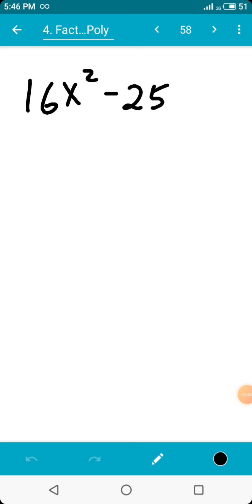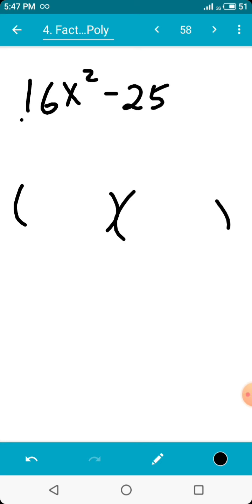Okay, so ito, meron tayong 16x squared minus 25. So, kung mapapansin nyo, yung bawat term natin ay perfect squares. So, yung square root, kukunin natin sa bawat term. Okay? So, yung square root ng 16 ay 4. So, gawa muna tayo ng ganito para madali.